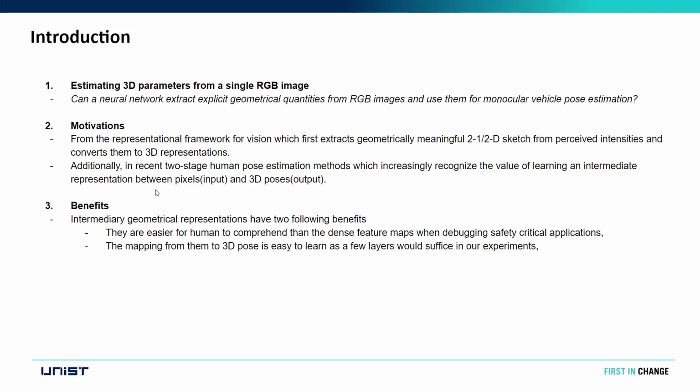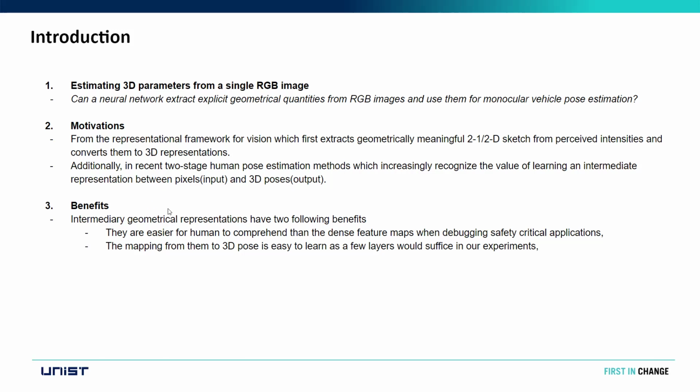Another motivation comes from two-stage human pose estimation. They recognize the value of learning an intermediate representation between the pixel input, which is the RGB image, and the 3D pose information, which is the output. This two-stage human pose estimation learns the intermediary representation, and it has some benefits.